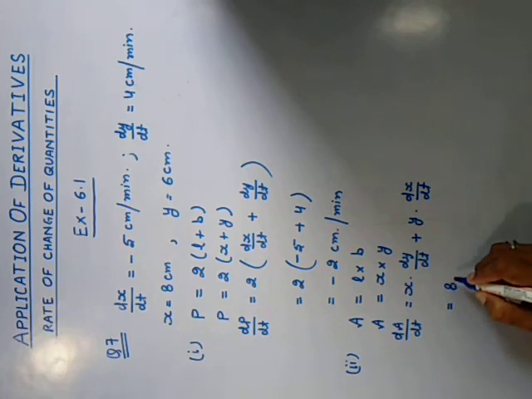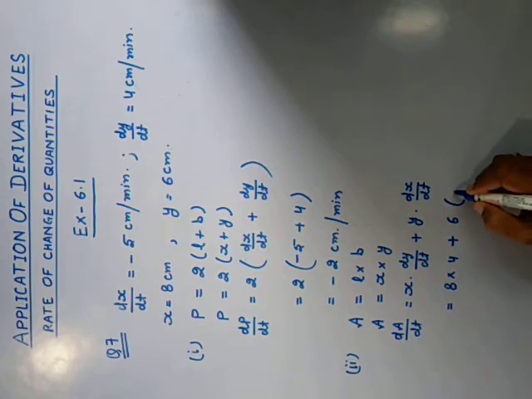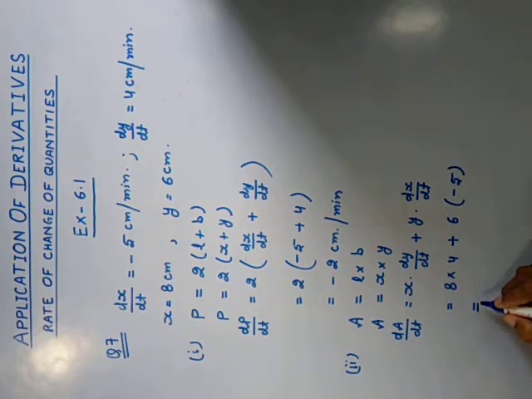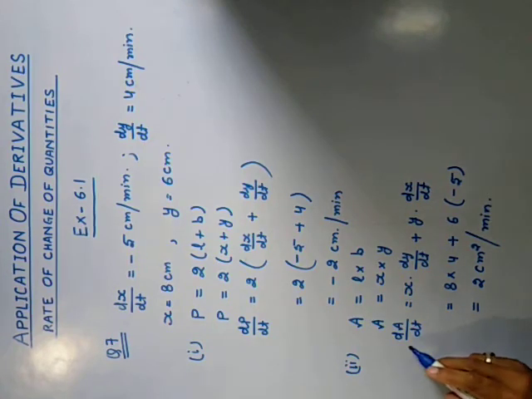So x is 8, dy over dt is 4, plus y is 6, and dx over dt is minus 5. If we solve it, we get 2 centimeter square per minute. The rate of change of area with respect to time t is 2 centimeter square per minute.